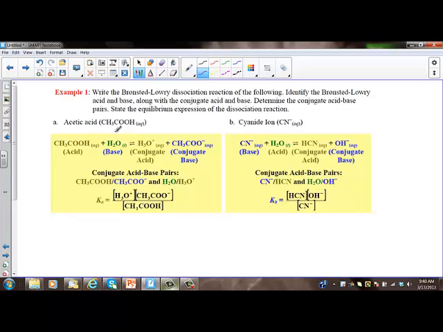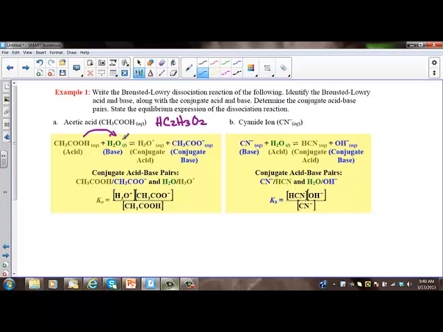So we have acetic acid. Here's acetic acid, sometimes written as HC2H3O2. My source is old school. So we have that plus my base. And why is water my base? Because as you can see here, the acid is donating an H to the H2O.